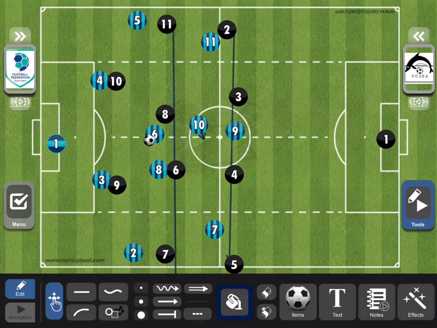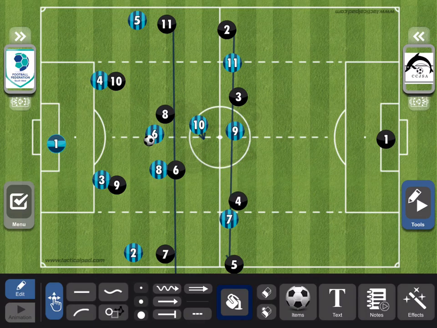As you can see, this player is looking in between, and also in between these 2 players, inside forward as well. Of course it creates confusion as to who's picking up who.